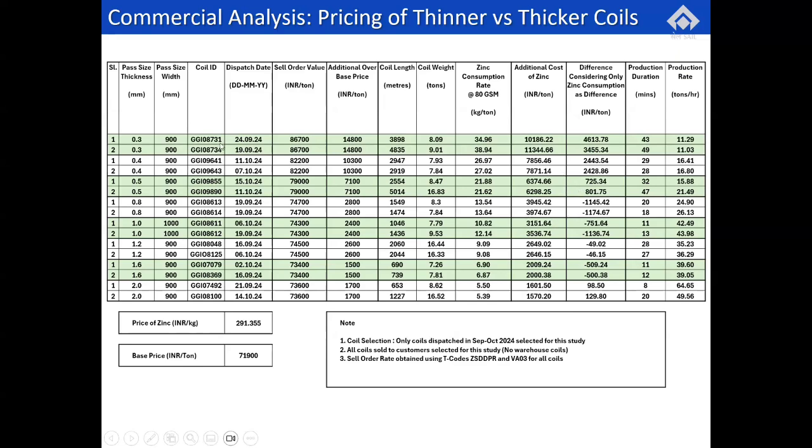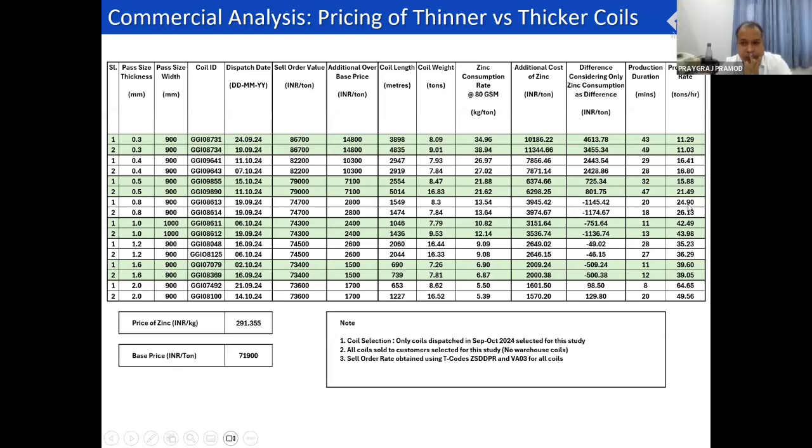For 0.8, we don't get the additional price due to thinner gauge rolling. But our production time is around 20 minutes for one coil and the rate is only 25 tons per hour. For thicker gauge, it is around 50, 55, even up to 60, 65 tons per hour.